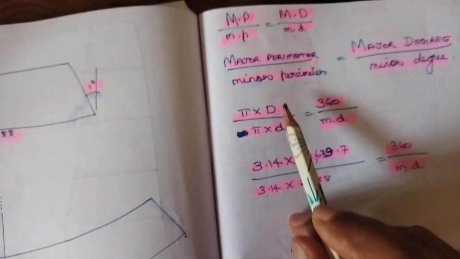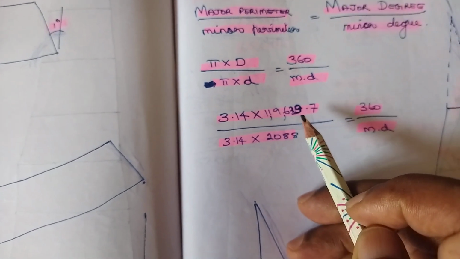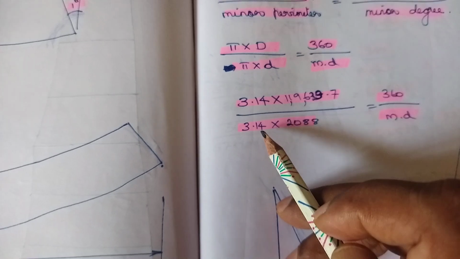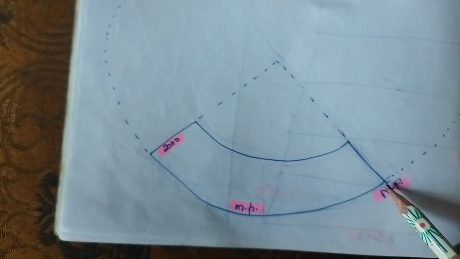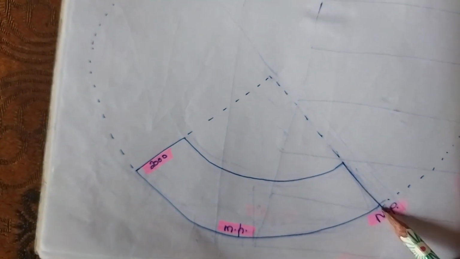This is pi d divided by pi d. This perimeter is this much, and minor perimeter is pi, 3.14, into d. Minor perimeter means from here to here only. What will be its perimeter?